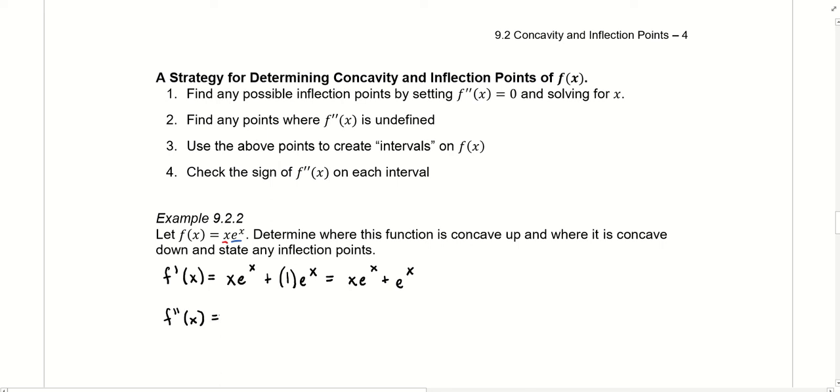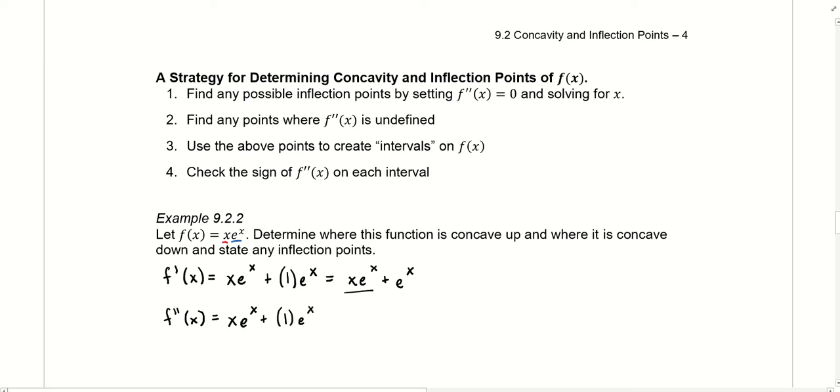Now our second derivative, remember, is just going to be the derivative of the first derivative. So now I need to use the product rule for this piece and then add the derivative of e to the x. So the derivative of this piece, x times e to the x, is x times the derivative of e to the x, which is e to the x, plus the derivative of x, which is 1, times e to the x.